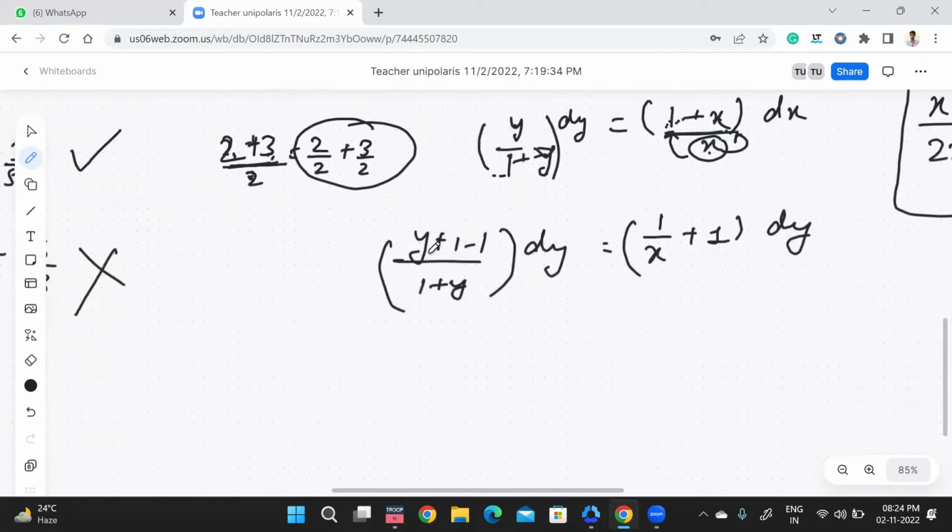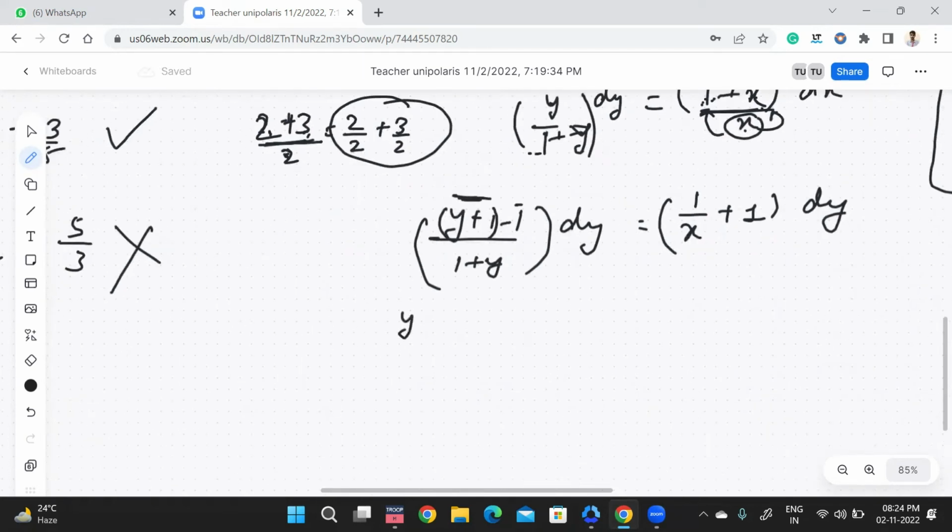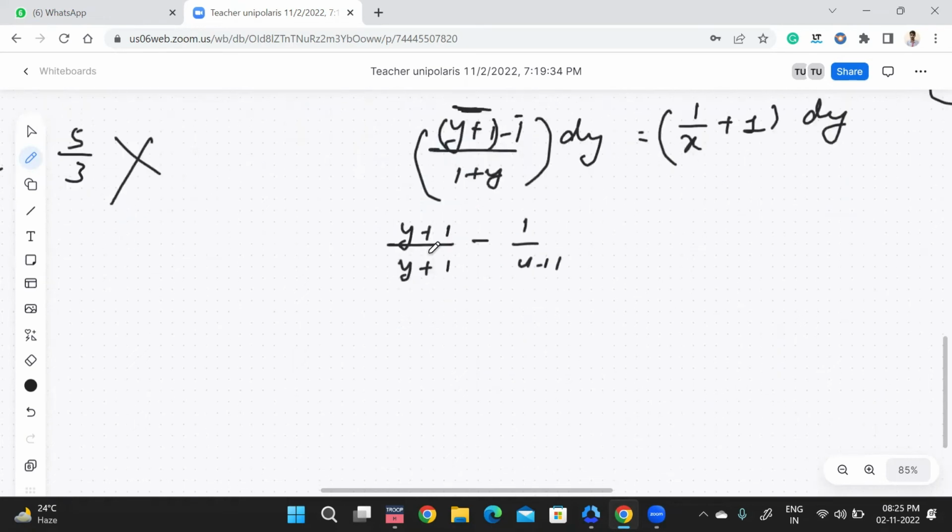Now when we have plus minus 1, let's consider this as a single term, and let's consider 1 as a single term. Now we can write y plus 1 over y plus 1, and negative 1 over y plus 1. This is how you will write it, and here you can directly integrate, so no need to change here.